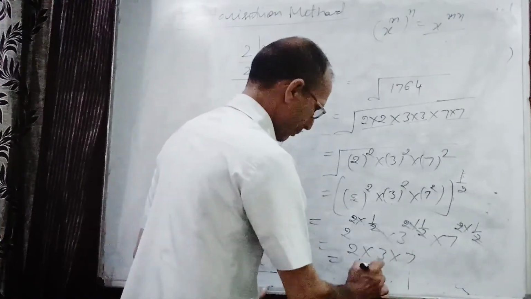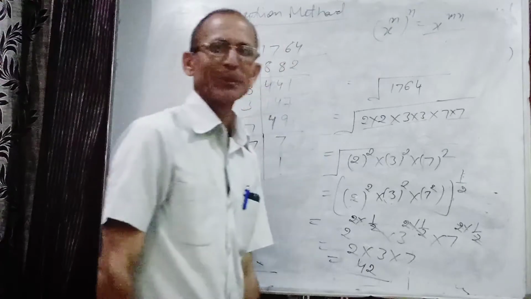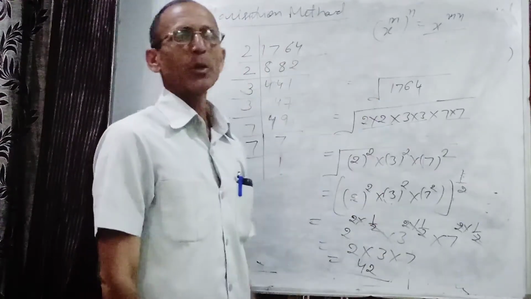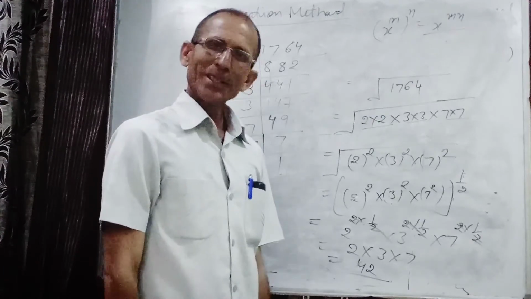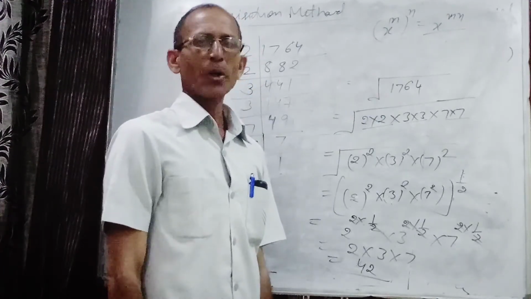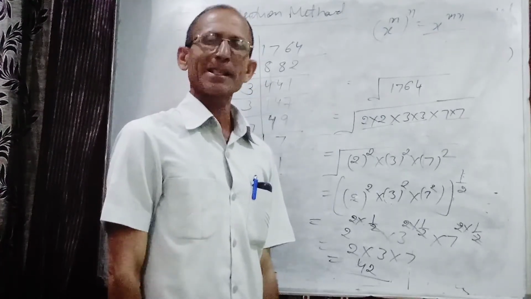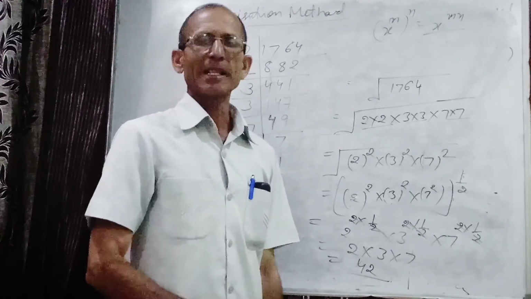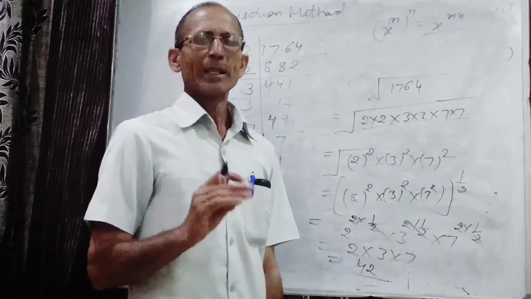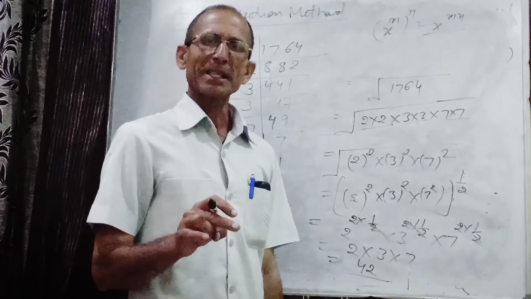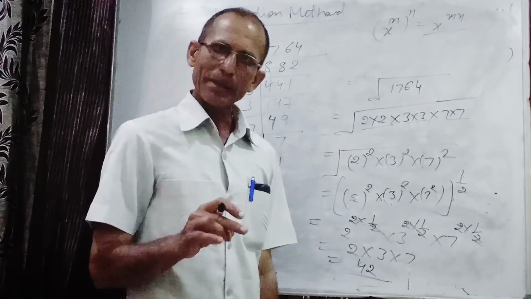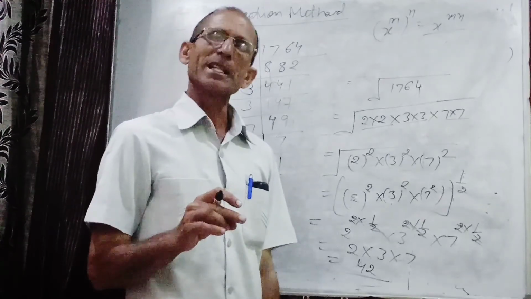Their product is 42. So this is the square root of 1764. Have you understood? So you will do practice. Tomorrow we will discuss other methods for finding the square root: the diagonal method, column method, long division method, the estimating method, and using the square root table.